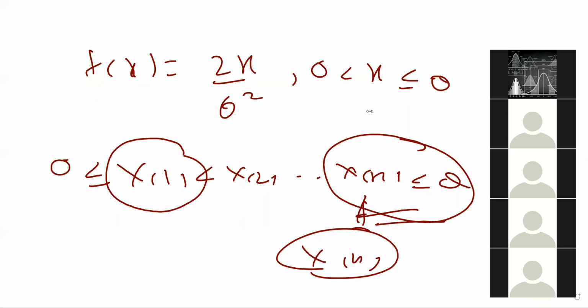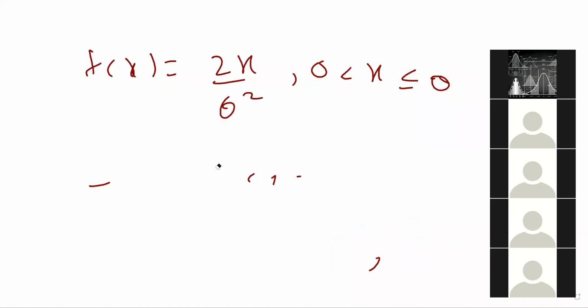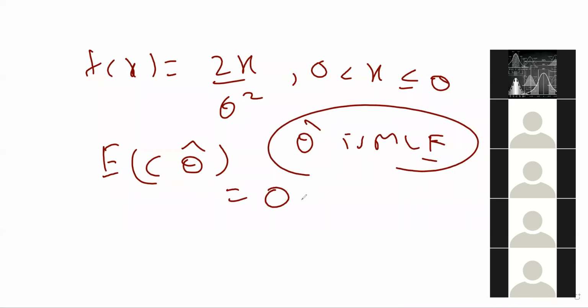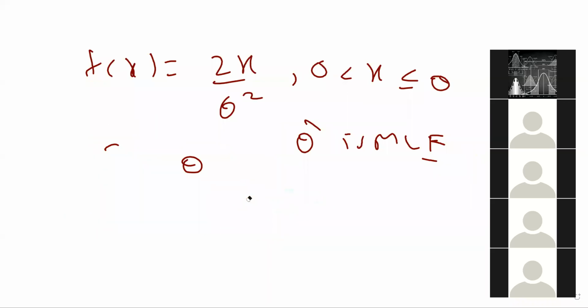Now tell me one thing. xn is the MLE of this. This is a very important thing, so please focus. We have to find some C such that C times the MLE becomes an unbiased estimator of theta. How are we going to find it?